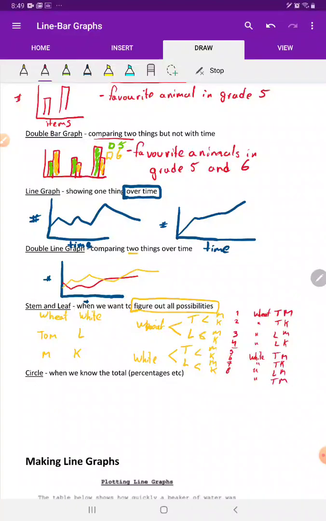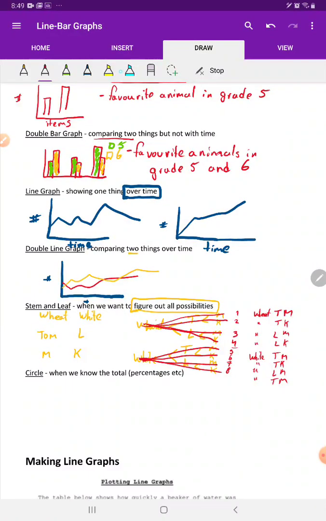See, that's your 8 possibilities. All right, so you have to go the whole way. And now you can see why they call it a stem and a leaf, because it looks like a stem breaking off into a bunch of leaves.